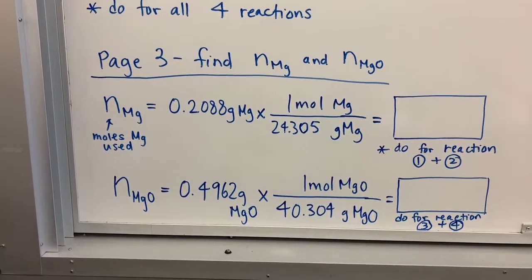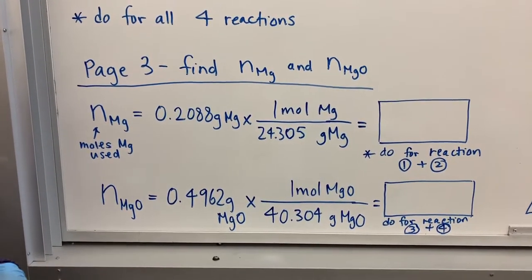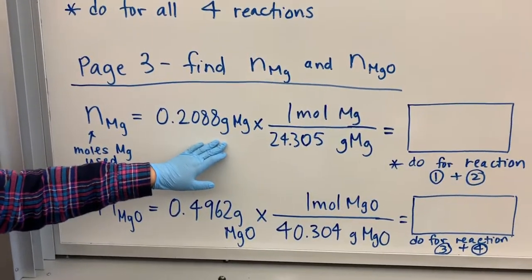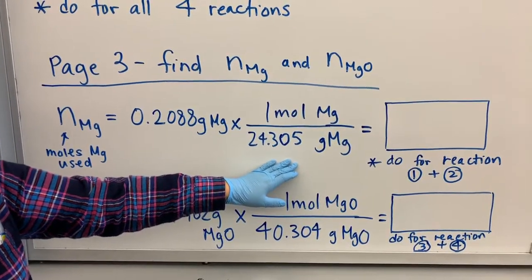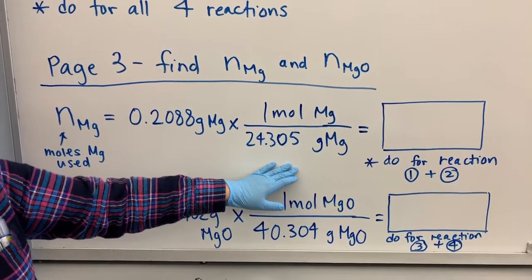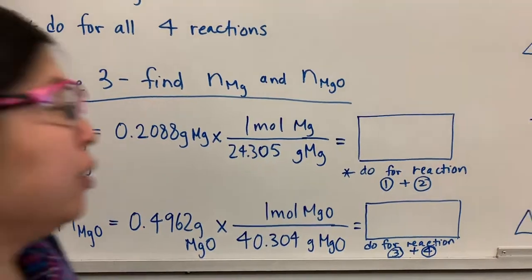Okay? To do that is a very simple conversion factor. In the first reaction, for example, we did 0.2088 grams of magnesium. We're going to convert it with the molar mass of magnesium, 24.305. Again, this is from the periodic table. And you're going to get moles of Mg.